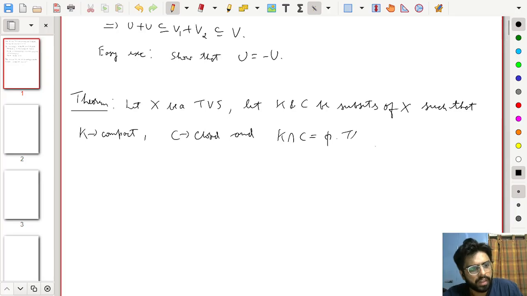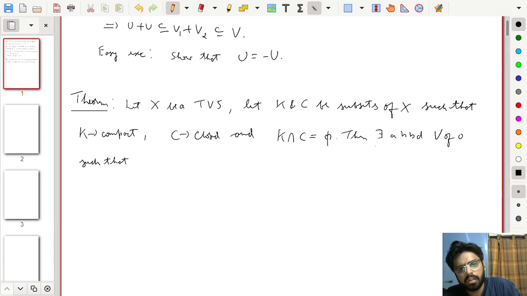Then there exists a neighborhood V of 0 such that K plus V intersected with C plus V is empty.